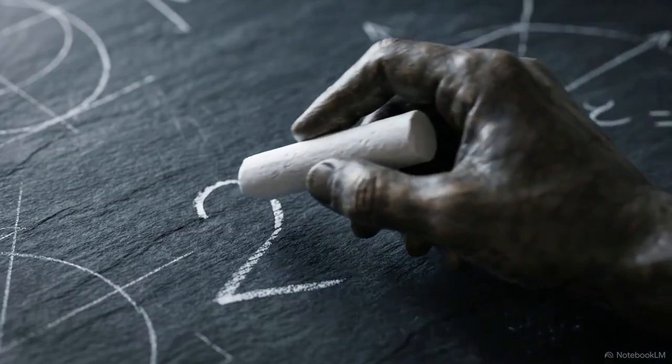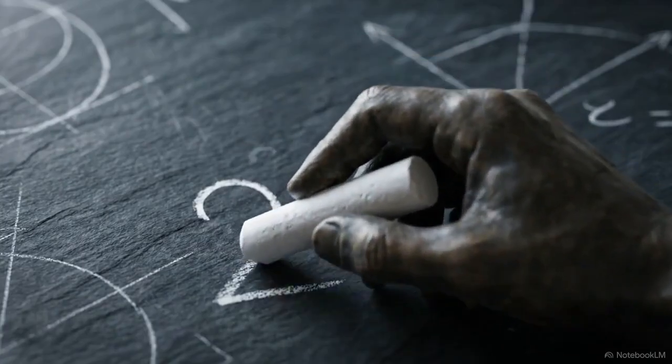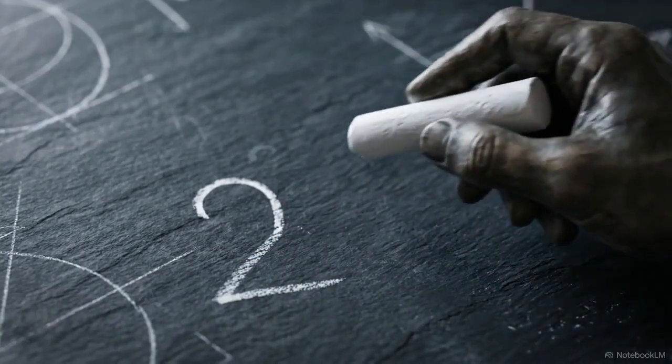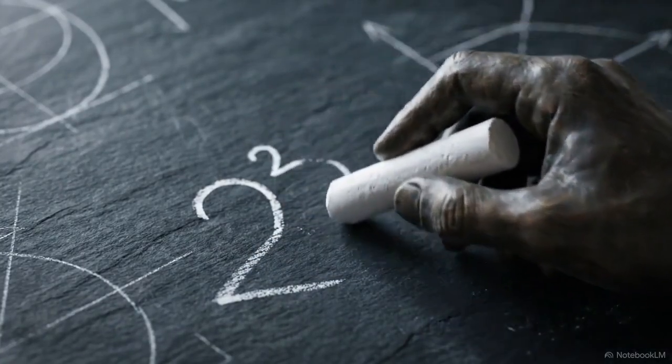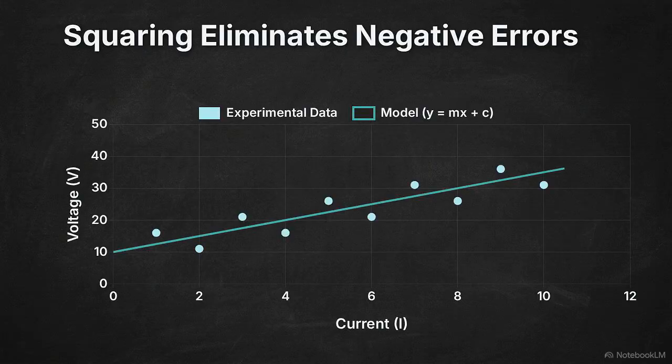To solve the cancellation problem, we have to apply a mathematical operation that removes the negative signs entirely, squaring the error term. By squaring every difference, we force all errors, whether they occur above or below the line, to become strictly positive, absolute penalties. We can expand this formula to include our intercept, c, accounting for the full y equals mx plus c model prediction.